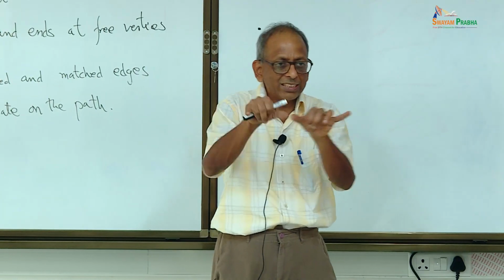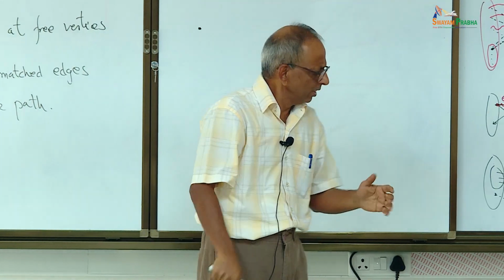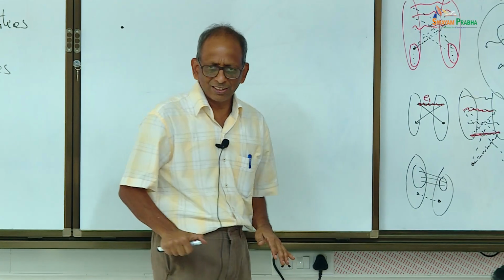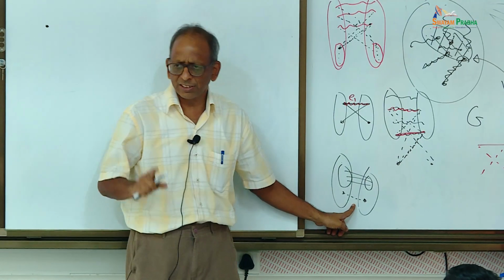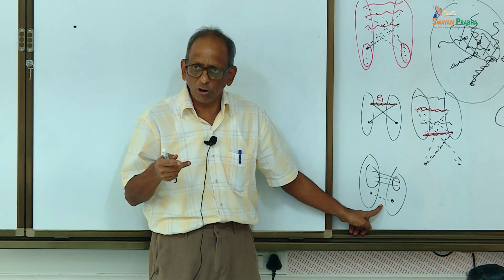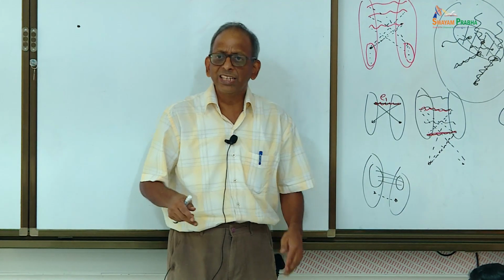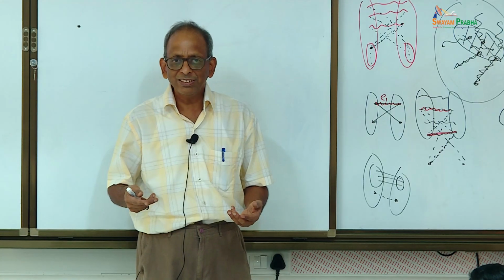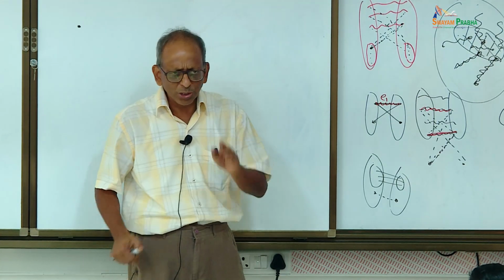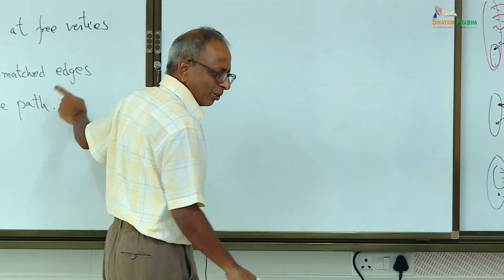That means two unmatched edges are next to each other, or two matched edges are next to each other. So I know it's a little annoying, but I would like to consider this also to be a special kind of augmenting path, because in this case, you add one edge and delete how many edges from the matching? 0.